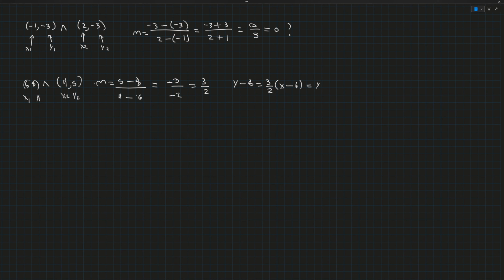This is going to be y minus 8 equals 3 over 2x, and of course, 3 times 6, that's 18, -18 divided by 2, that becomes 9. So y is equal to 3 over 2x minus 1. Okay, so now let's graph this and describe it.